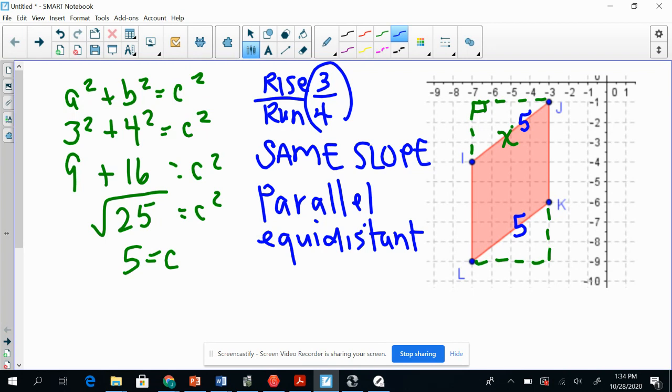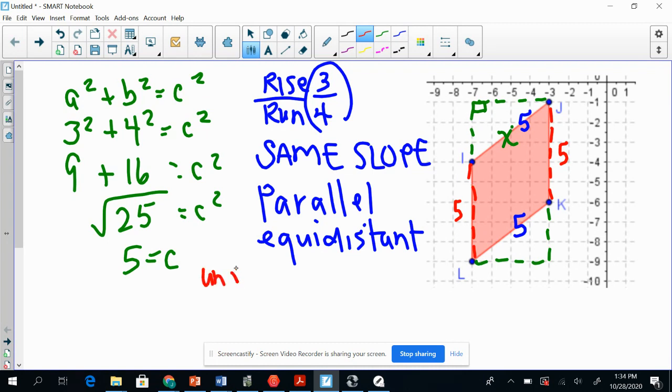Now, at that point you've not shown enough math to state that this is a parallelogram. You have to check your other two sides. So this one's length, so distance would be 1, 2, 3, 4, 5. So this is also 5. 1, 2, 3, 4, 5. This is also 5. So that means these two are equidistant as well. They're both vertical lines, and vertical lines have undefined slopes.